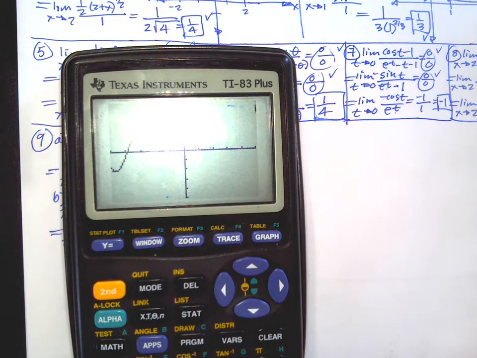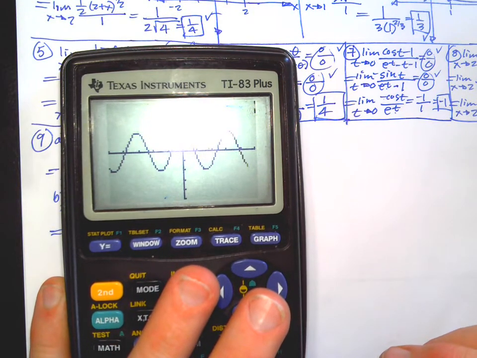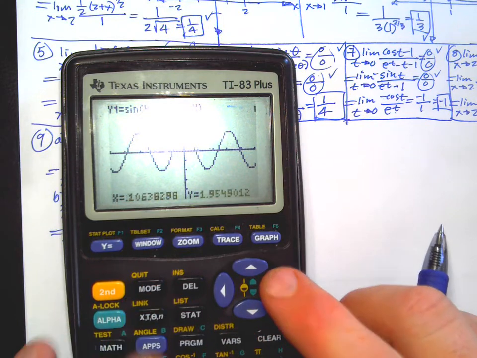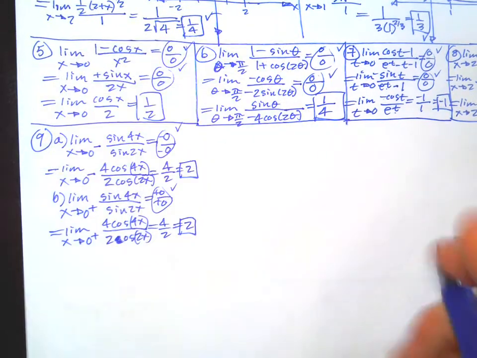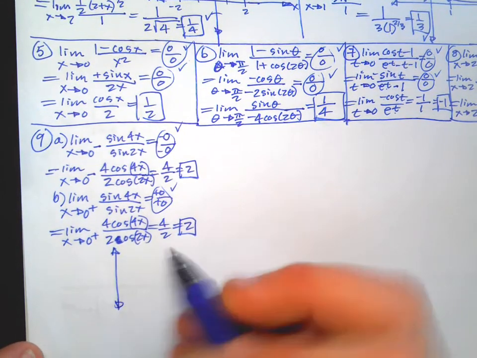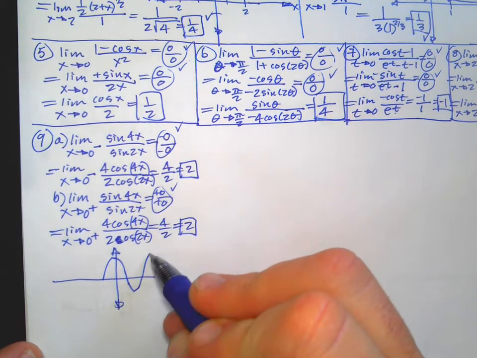Okay, so here's the graph. It kind of looks like a regular sort of cosine curve, actually, right? And so we're going to do trace, and as we get closer to 0 on both sides, it does look like it's approaching 2. So the graph looks like that.